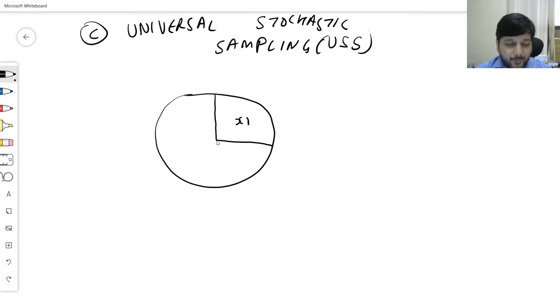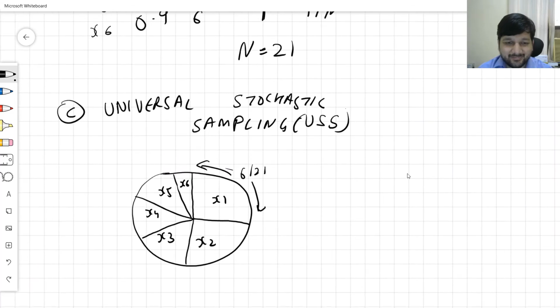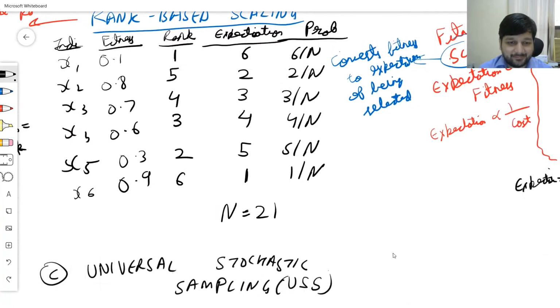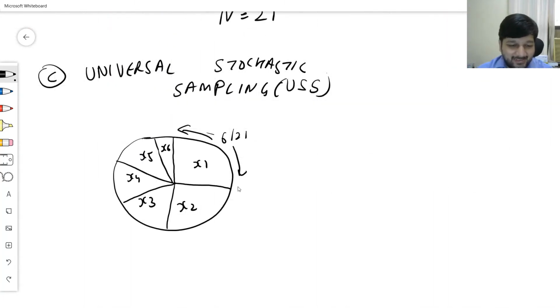So this is x1, this is x2, this becomes x3, this becomes x4, this becomes x5, and this becomes x6. It will not be completely correct because I drew it randomly. So this was 6 by 21, and then 2, 3, 4, 5, 1. Okay, it's completely wrong. And so on.